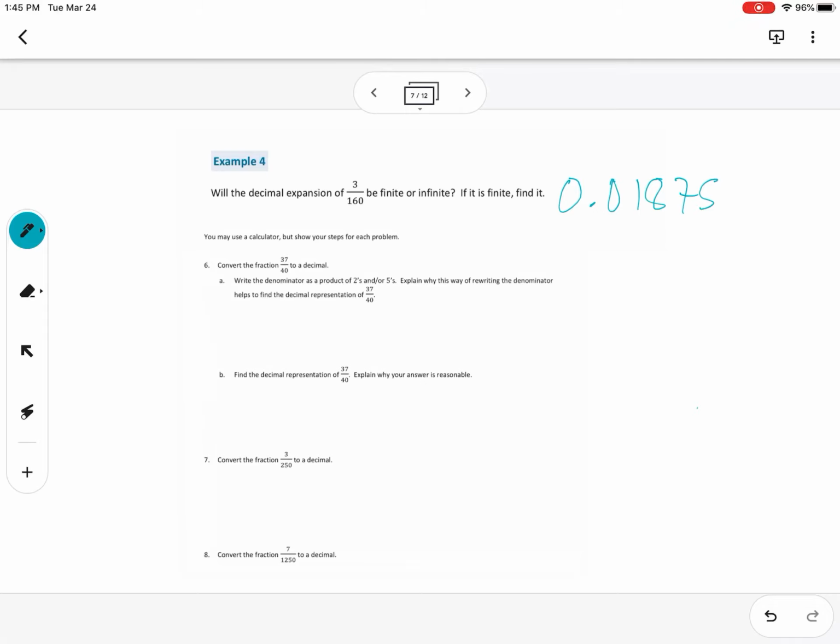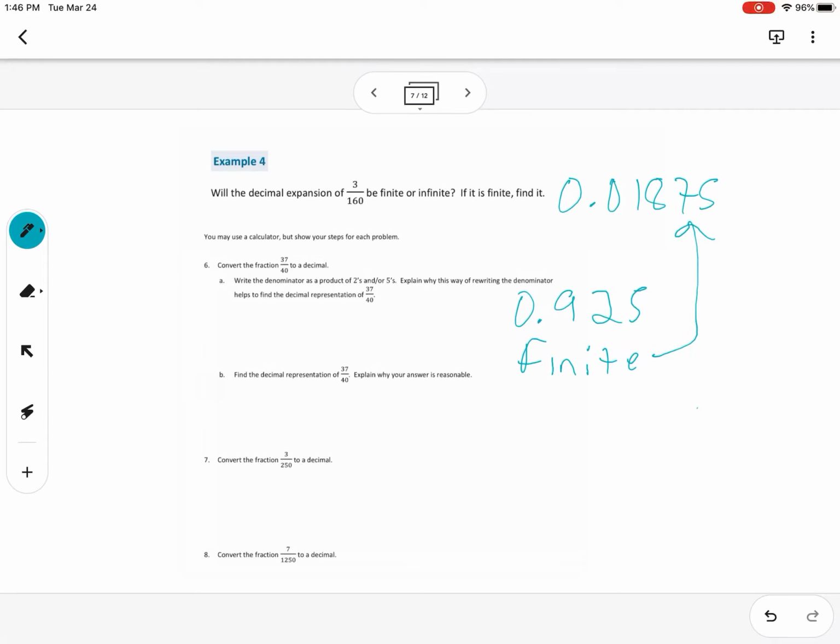All right, for the next one, 37 divided by 40. 0.925. And that's fine if we just kind of combine A and B together. This is finite, as is the one above it.